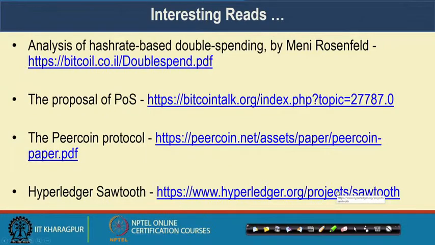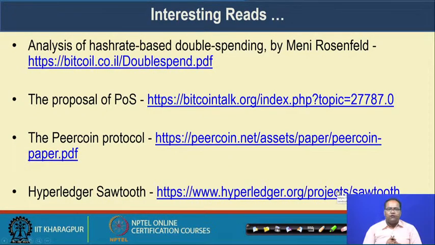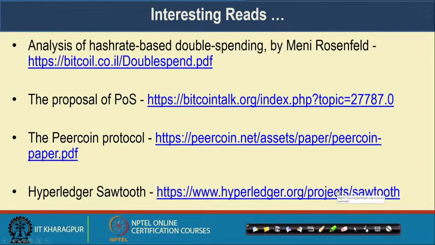So, here are some interesting reads regarding these different kinds of blockchain consensus algorithms. The first one gives an analysis of the double spending mechanism on Bitcoin. So, it is a nice statistical analysis of the double spending.